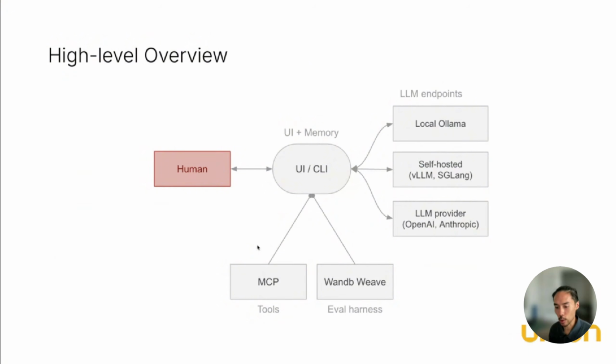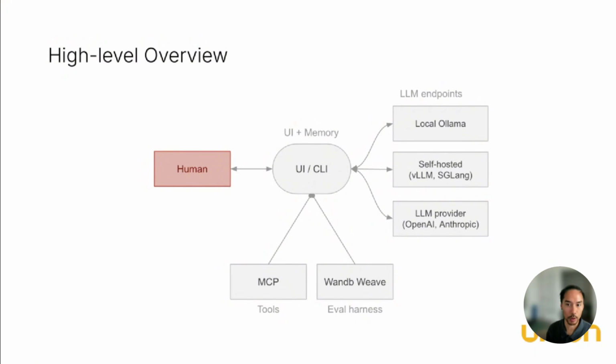So here is a high-level overview of what I will hopefully have time to demo very quickly, a kind of hello world example of agents. There's a human, obviously, that interacts. All of this should be kind of familiar at this point. The human interacts with a UI or a CLI, and that UI or CLI makes calls to LLM endpoints.